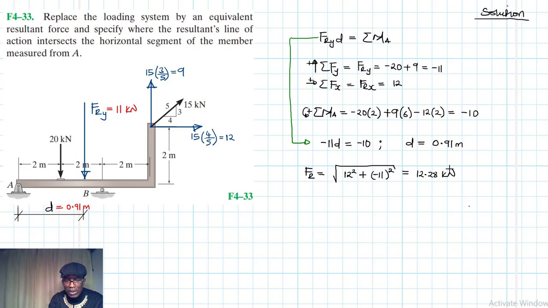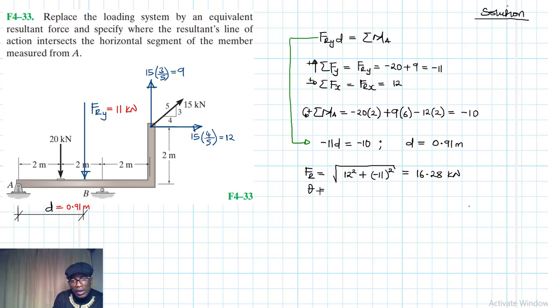So 12 squared plus 11 squared, square root of that. Why did I make a mistake? It's 16, not 12, sorry. So it's 16.28 kilonewtons.